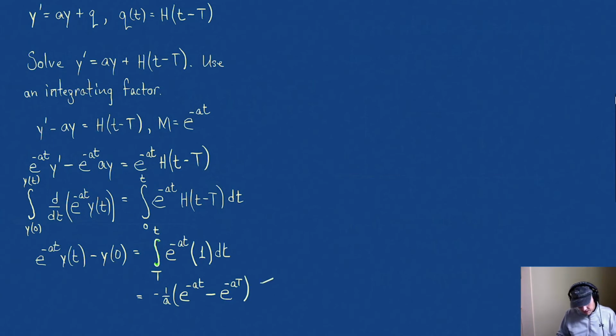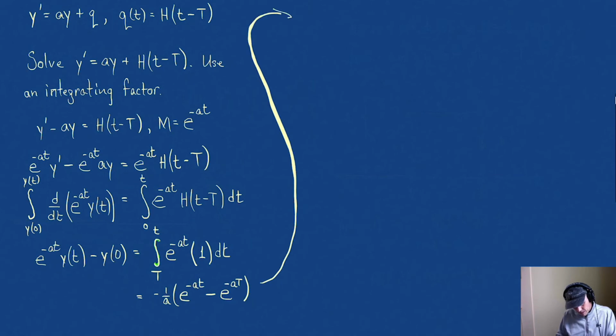So I'm going to have to bring the equation up here. Let's finish this now. Let's put the initial condition onto the right-hand side. This is e to the minus at y of t equals y of 0 minus, now here this looks a little interesting.